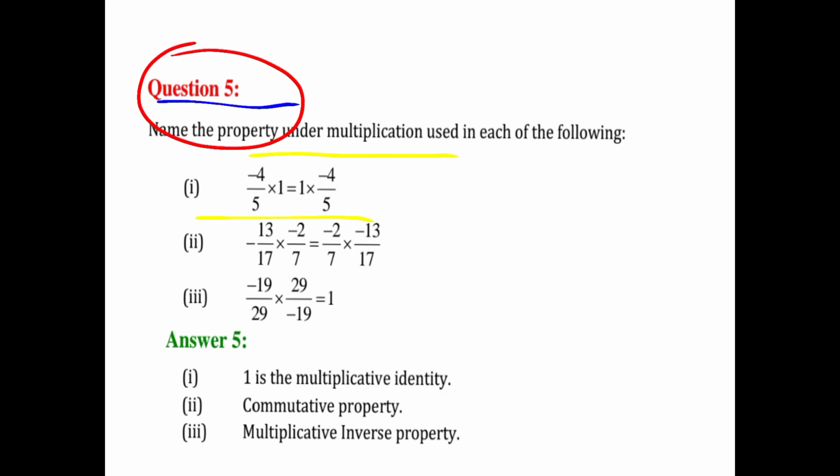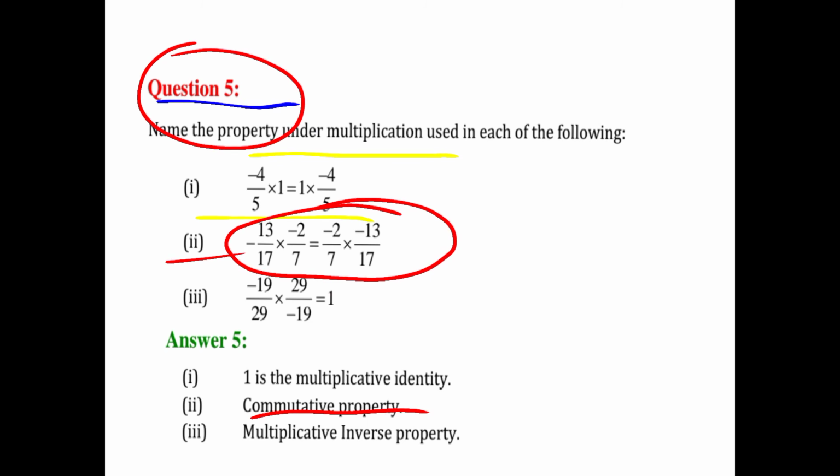In the second part, minus 13 by 7 into 2 by 7 is equal to 2 by 7 into minus 13 by 7. We have interchanged the position, so this is the commutative property, right?